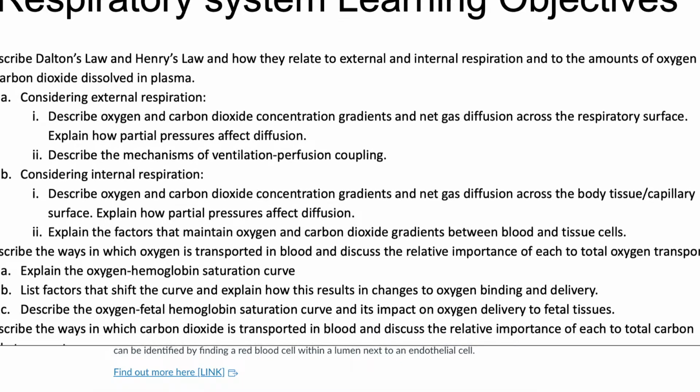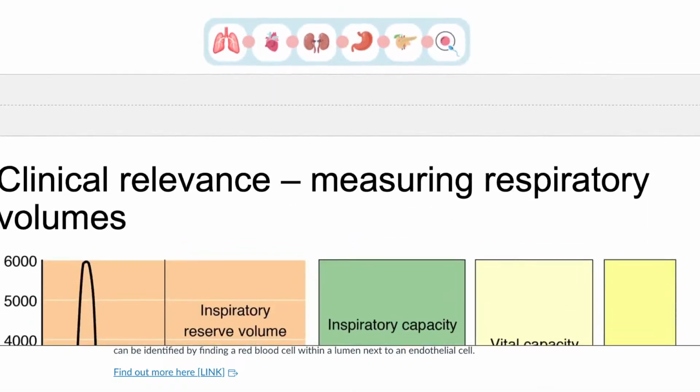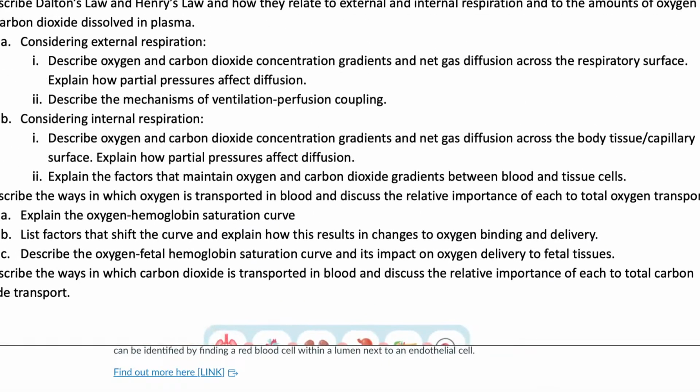So respiratory system, learning objectives. Let's go over these. Describe Dalton's law and Henry's law and how they relate to external and internal respiration and the amounts of oxygen and carbon dioxide dissolved in plasma.